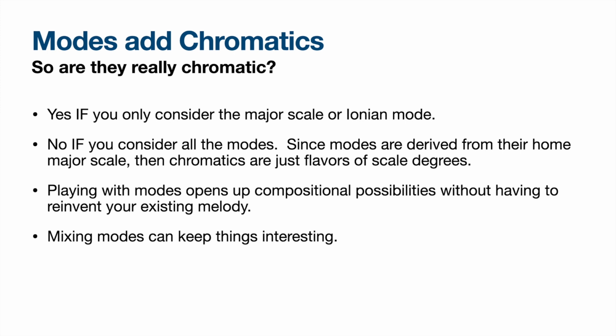My thesis in this is, no, it's not, and I'm going to explain why. If you consider that your major or technically minor key is just those 7 notes, any note that's there that doesn't belong is a chromatic. That's a simple definition.